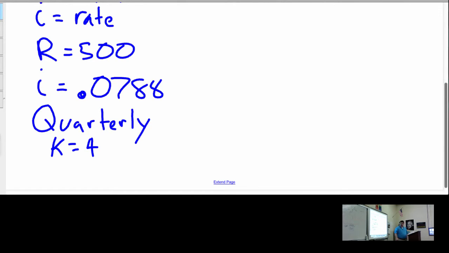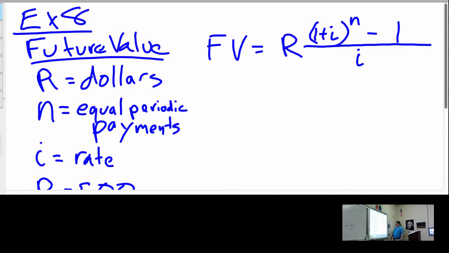Okay? Now the only thing I don't like, and this is what I want you to write down, is when you see this formula, is there a place for k? Is there a place for the number of years? No. So we've got to figure that out together.